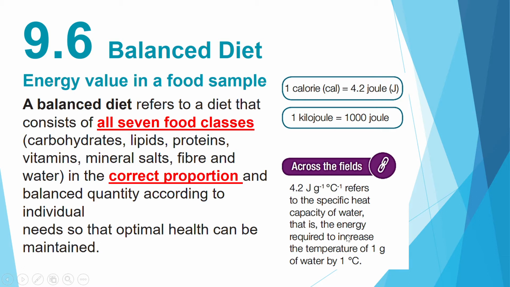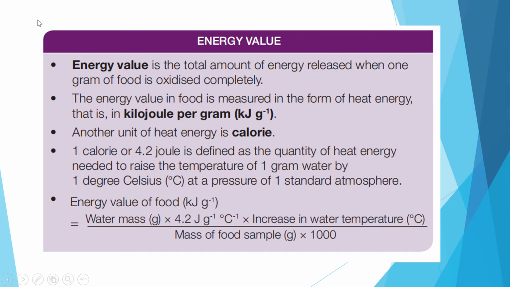And that means that is the energy that is needed to increase the temperature of 1 gram of water by 1 degree Celsius. Okay, energy value is the total amount of energy released when 1 gram of food is oxidized completely. And the energy value in food is measured in the form of heat energy.